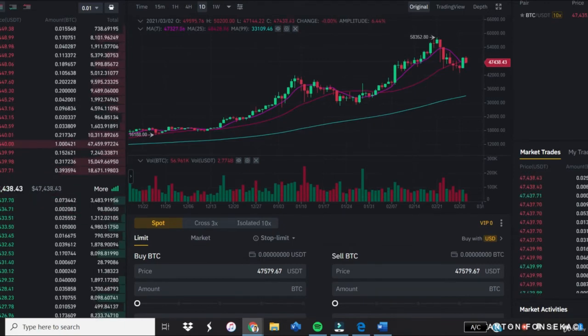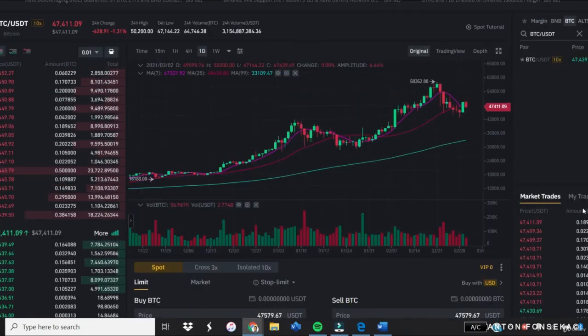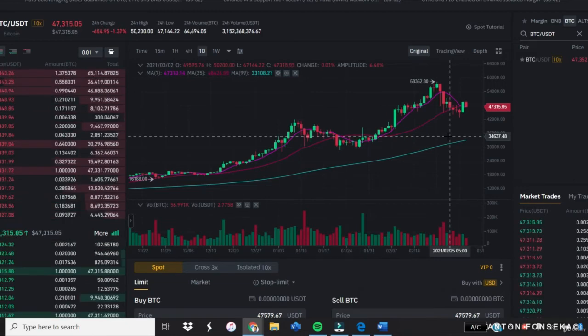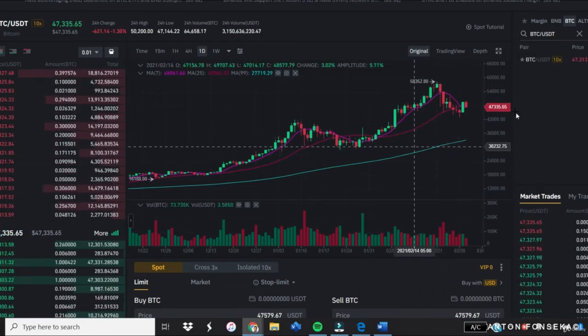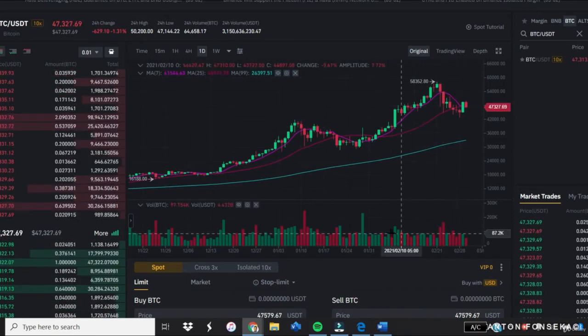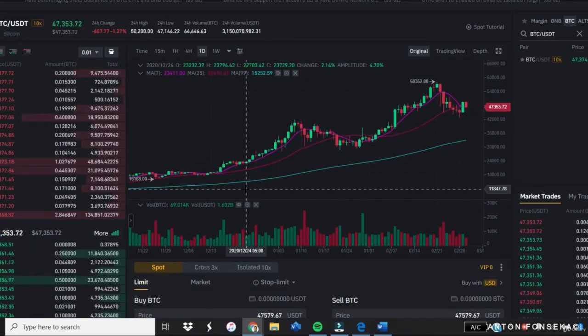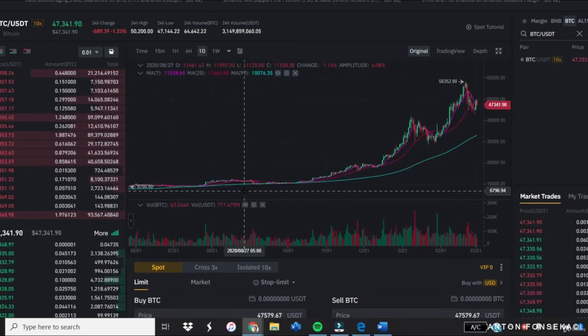So what determines this price? How much you demand to buy will impact the price to increase, and how much you sell will also impact this price. That is how the fluctuations happen, buy and sell, and the demand you make for these cryptos, right?